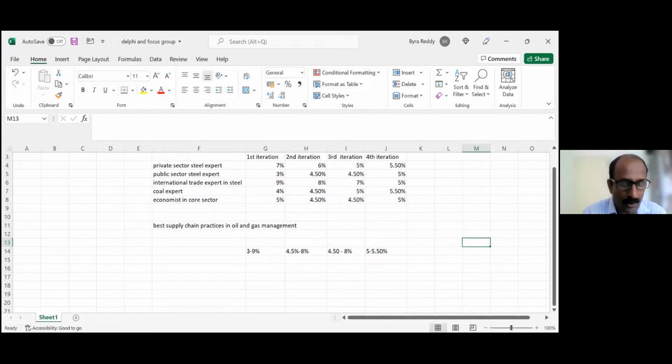It is not only for estimates. Let's say, what are the product features that should be there in order to make a particular product better.